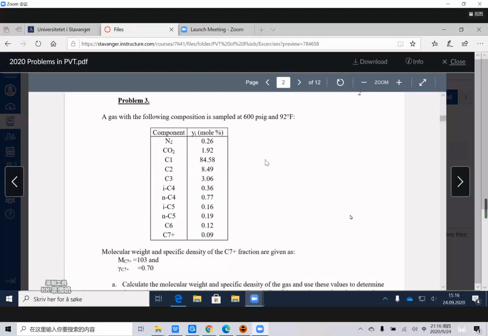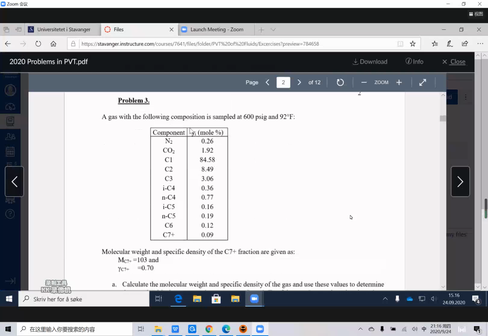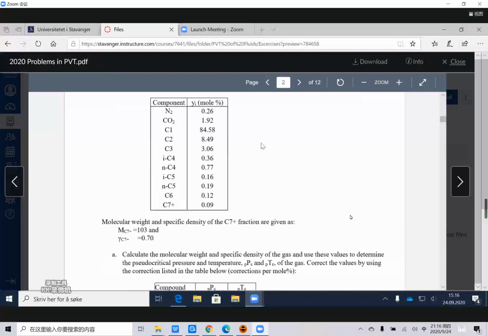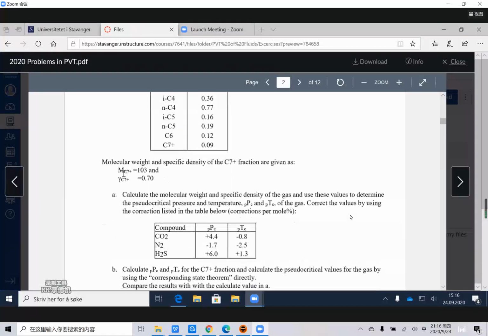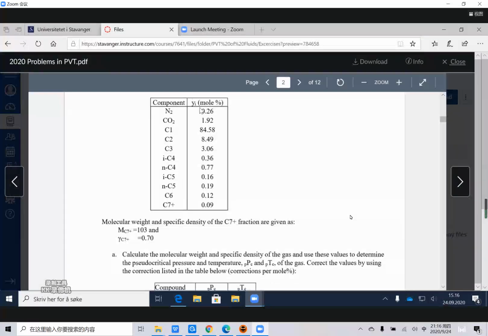Let's start with problem number 3. So again, a dry gas composition with a sampling pressure of 600 psig, so we should convert it to psia, and a temperature of 92 Fahrenheit. We also again have a molecular weight of C7 plus and a specific gravity of C7 plus here, and the mole fraction of all the components again.